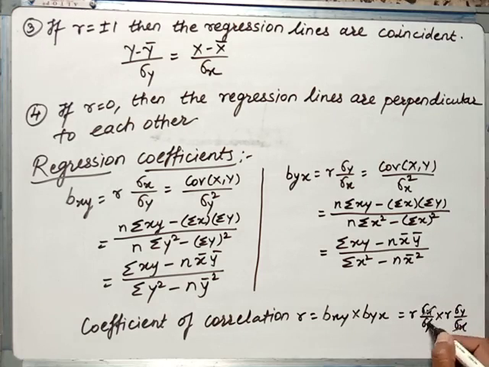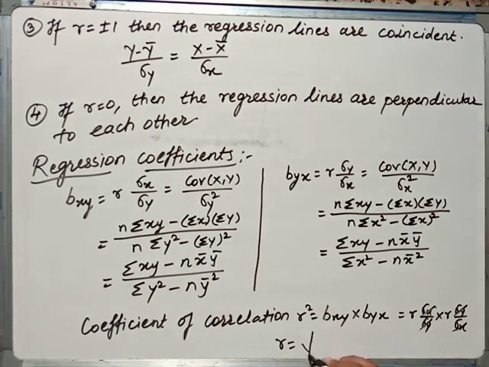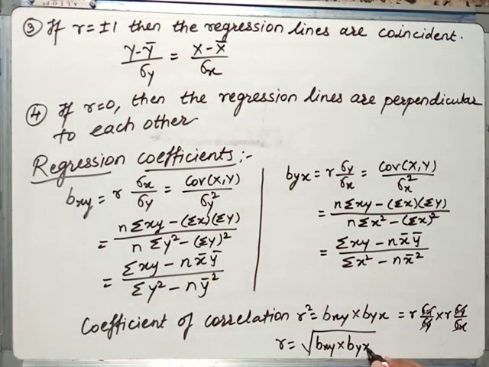So here these terms get cancelled, and we get r square. So r square is this product. So what is r? r is the square root of the product of the regression coefficients. This is also one of the important results, remember.